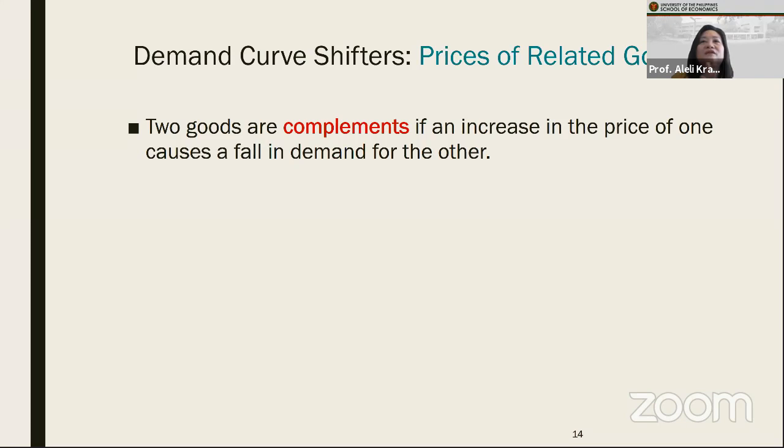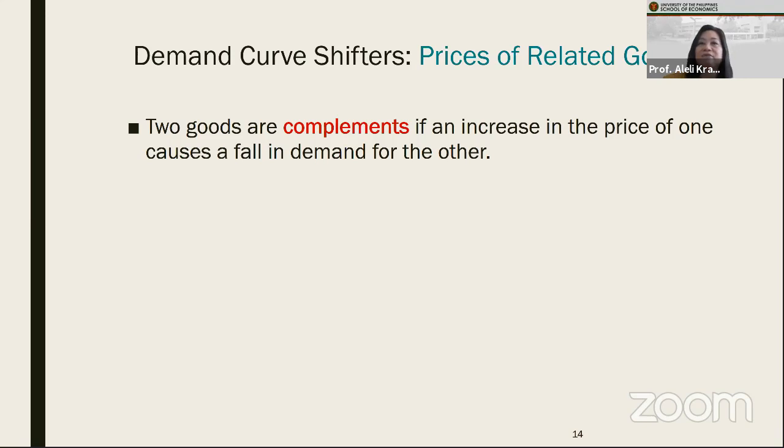You consume them in some proportion to each other. Therefore, we can say that two goods are complements if an increase in the price of one causes a fall in the demand for the other. So, for instance, if the price of coffee increases, you would consume less coffee, and therefore you would also consume less donuts because you consume the two together, at some ratio. Okay.